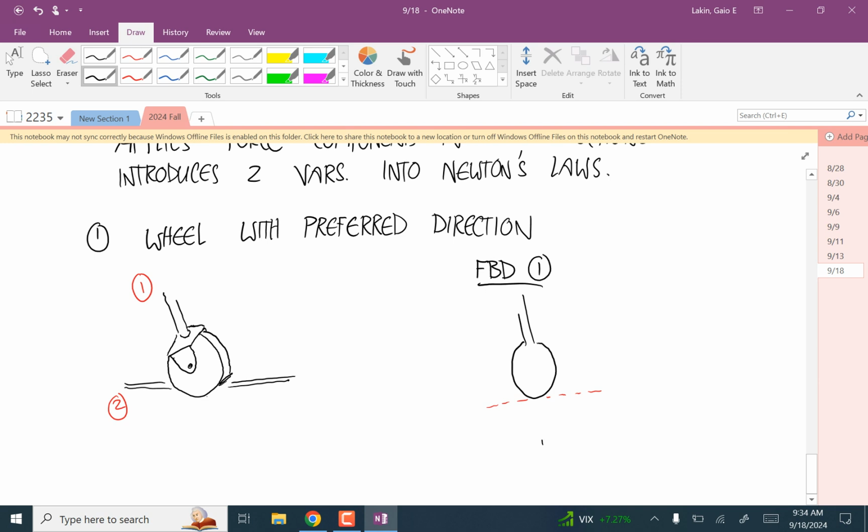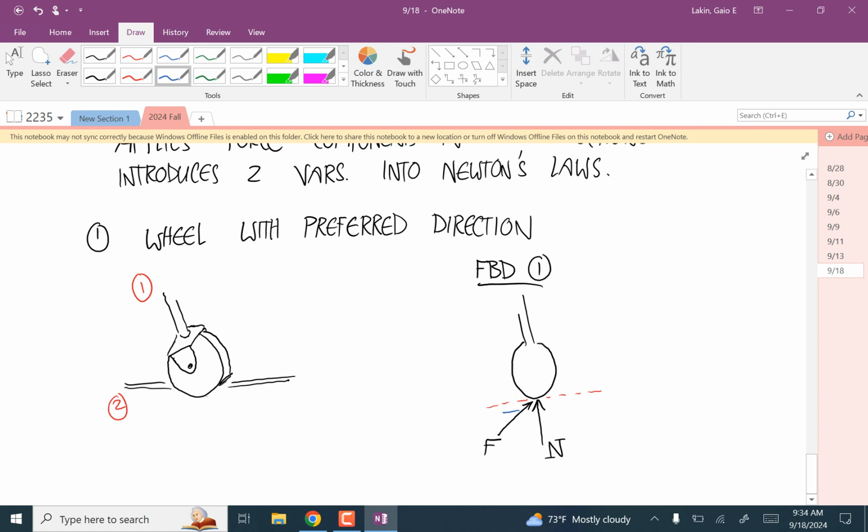There is a force that keeps it from sinking into the surface. I'll call that N. But then there's also a force that keeps it from sliding off of that line, that preferred direction. And both of these are perpendicular to the line, the preferred direction line.